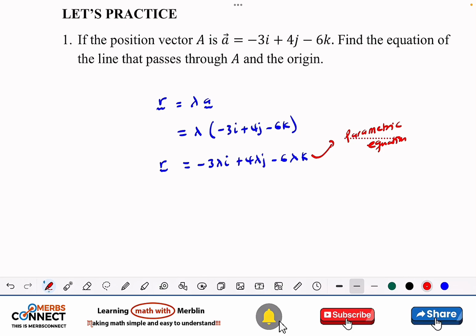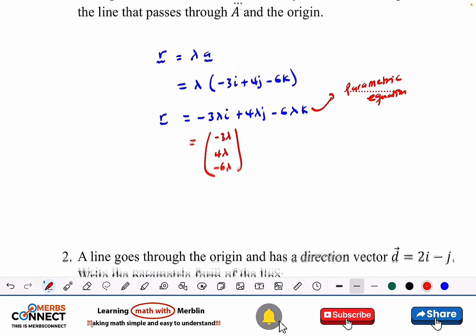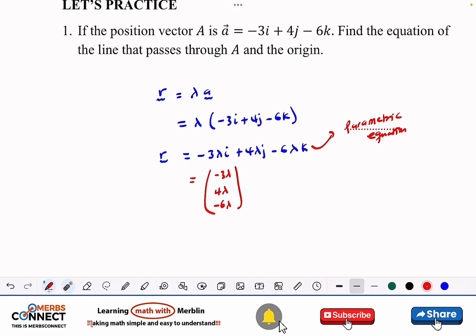This parametric equation, we can also write in this form: minus 3 lambda, 4 lambda, and minus 6 lambda. Since I'm putting it in this form, I'm not going to include the i, j, k. Now remember, we can also talk about r. r is a vector, so I can define r as xi plus yj plus zk.